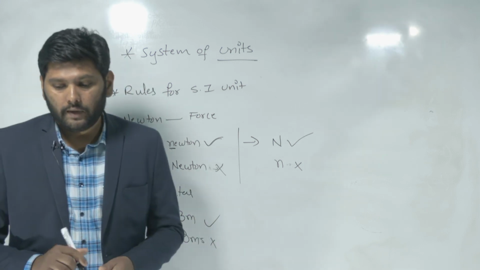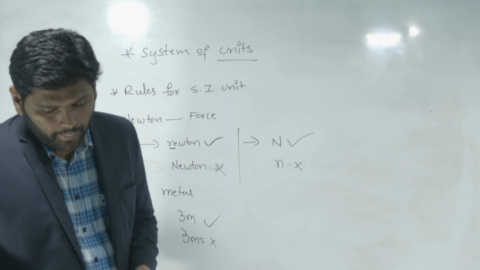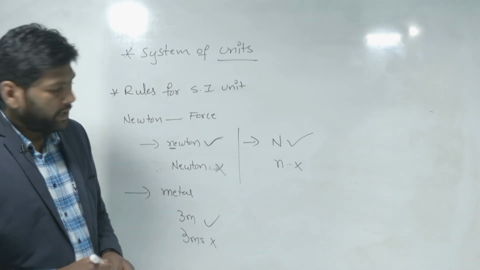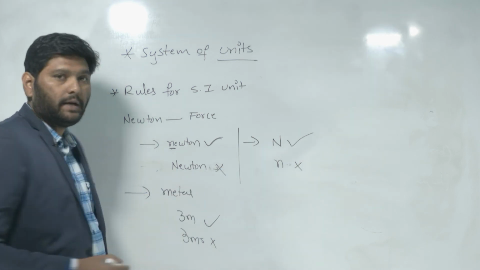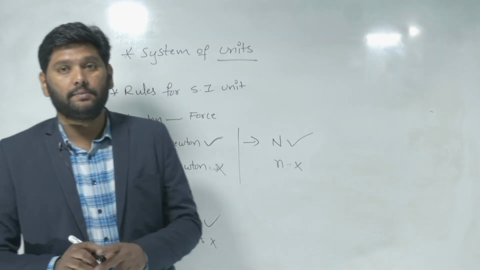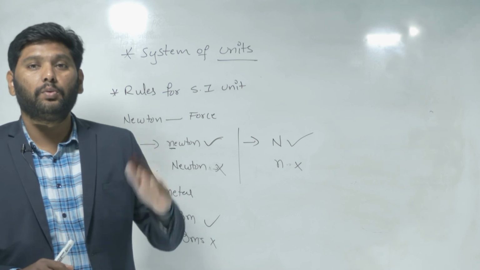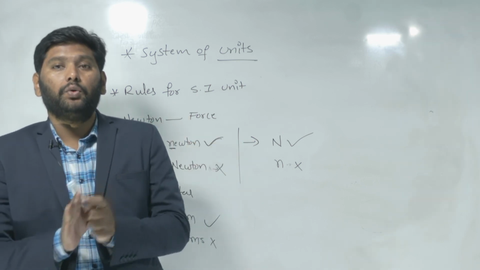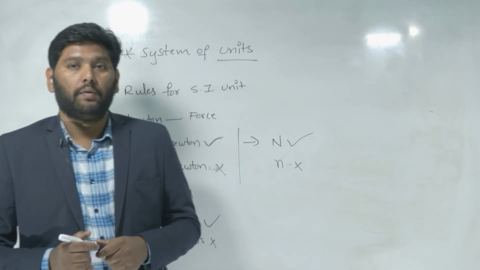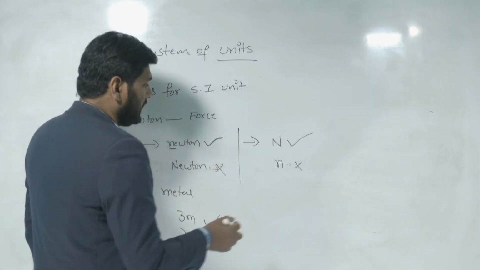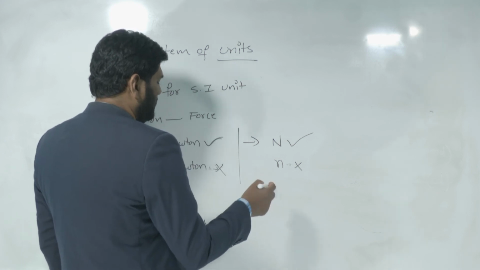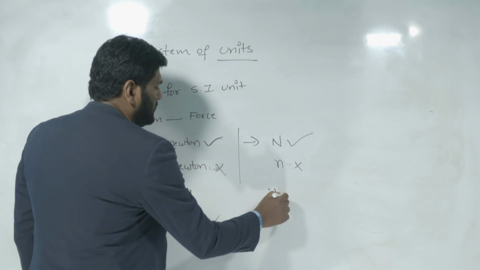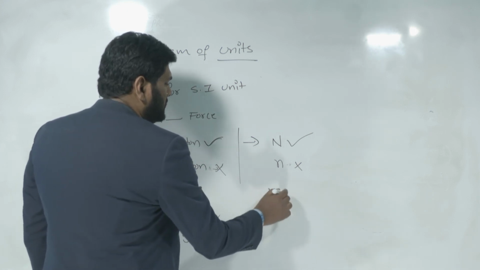I hope you have understood what I explained. Also, I have already given the SI unit symbols. You must use those symbols only, not other symbols. For example, kg: mass units are kg.